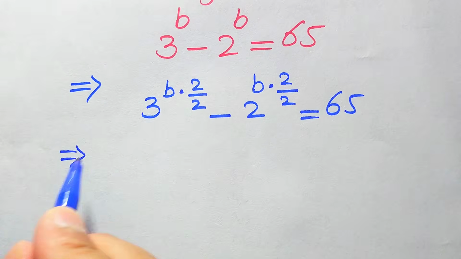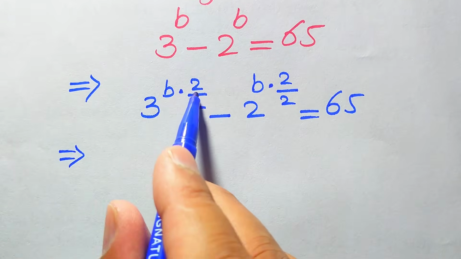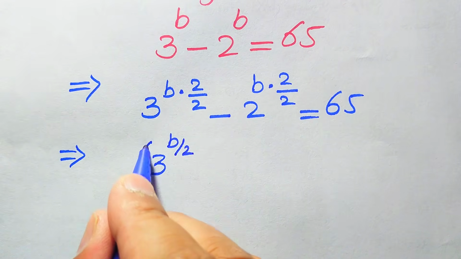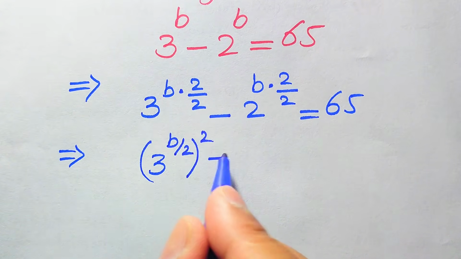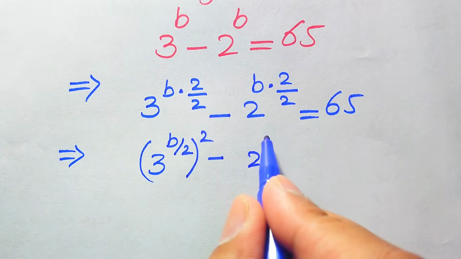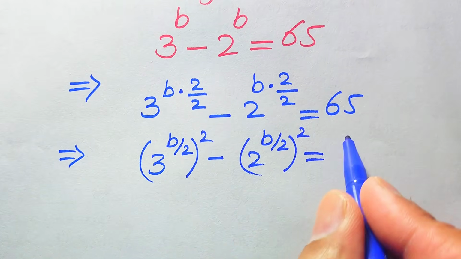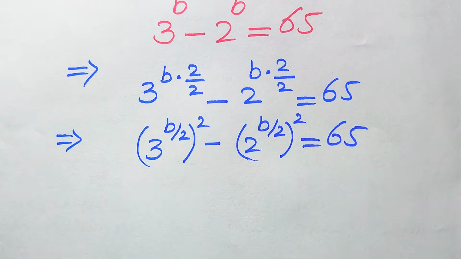In the next step we move the 1 over 2 and it is written as (3 to the power of b over 2) whole square minus (2 to the power of b over 2) whole square equals 65.